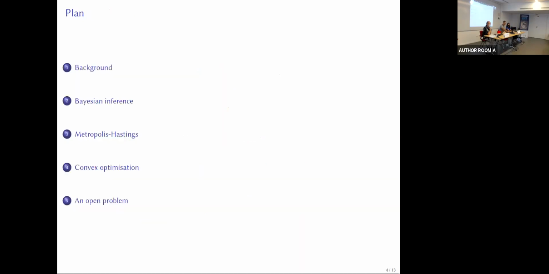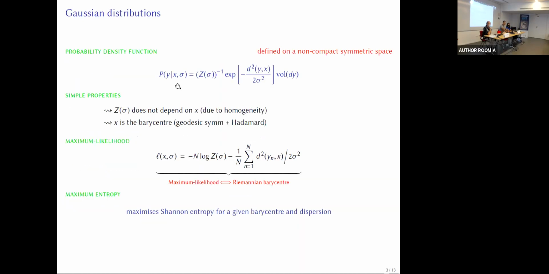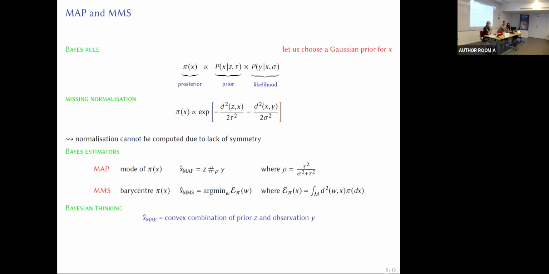Well, for a single Gaussian distribution, as in here, we know how to compute the normalizing factor Z. However, in this case, the normalizing factor will remain missing due to lack of symmetry. So we have to accept that we're working with a partially unknown distribution.